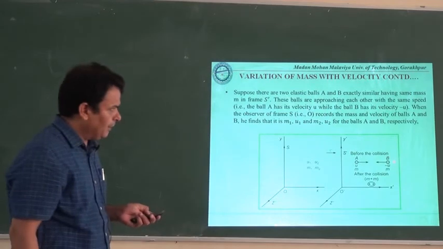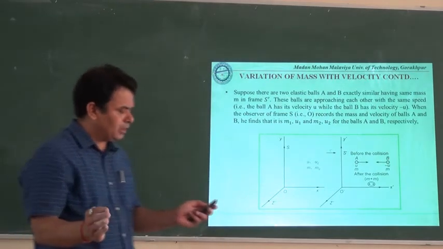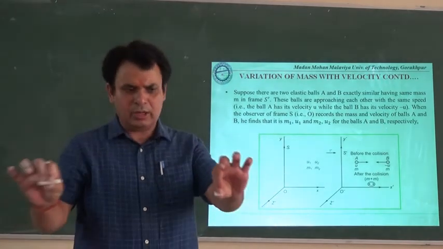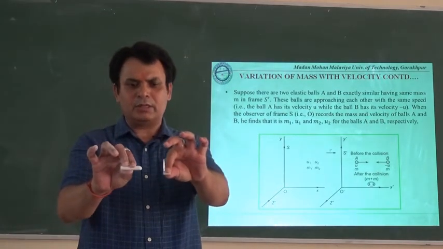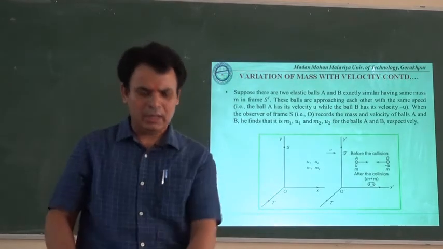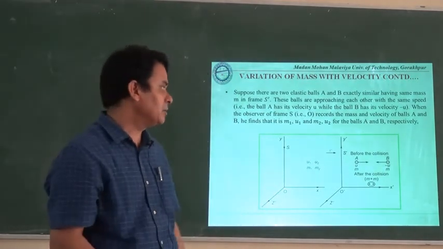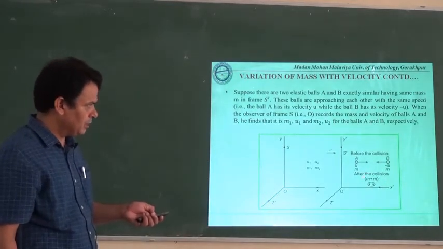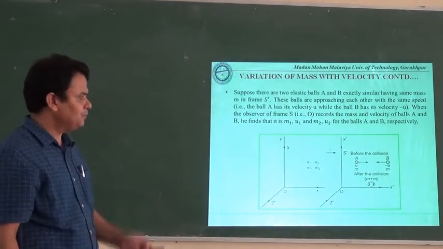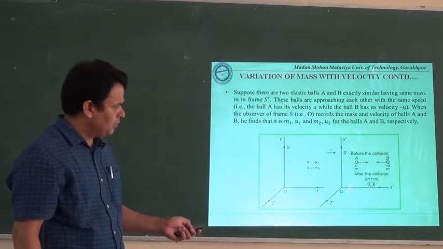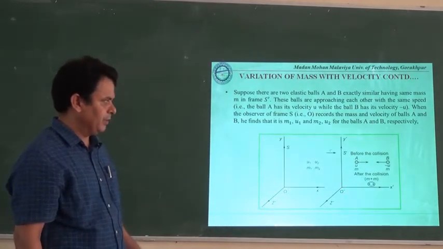Now what will happen when these two balls come together? Since they are moving with the same speed, when they come to each other they will stick and form a coalesced mass of ball A as well as ball B, that is M plus M. This is the observation taken by the observer in the moving frame of reference.